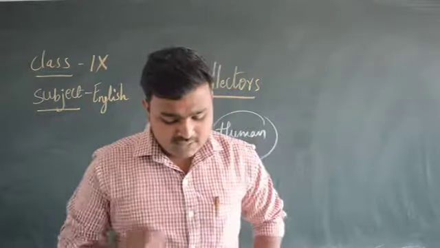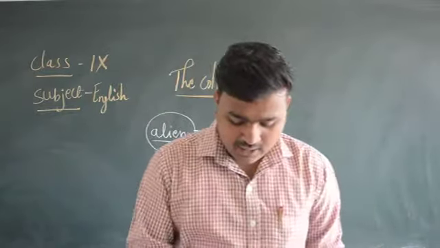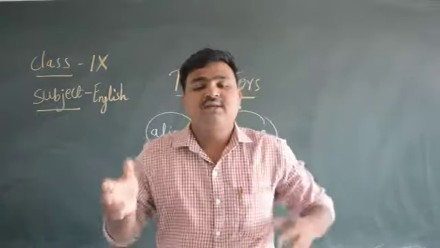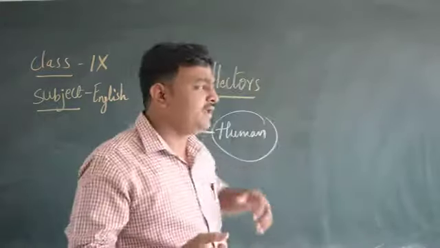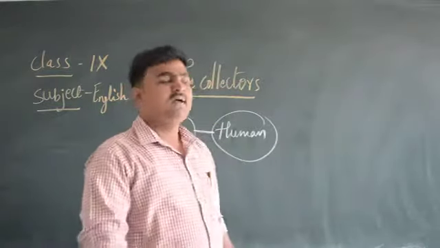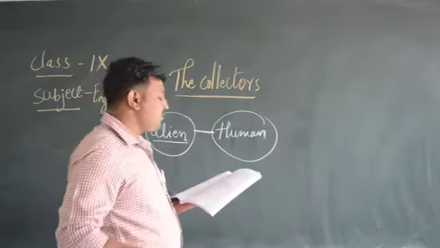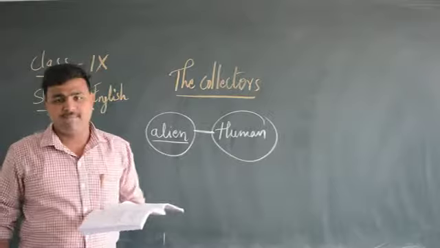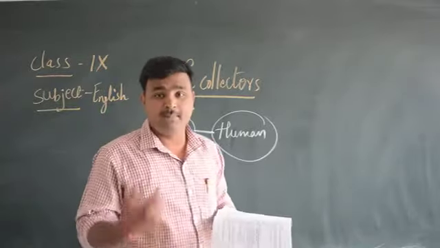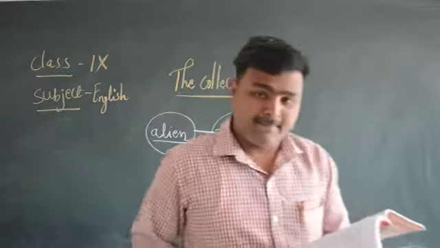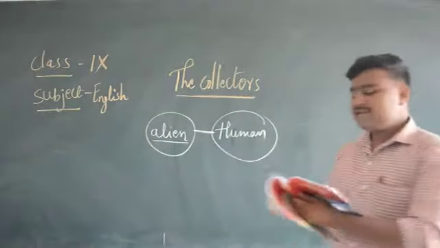Now read the play and find out how aliens try to abduct. Abduct means to take somebody or something away illegally, taking somebody away from the actual place without permission. Some humans, and what happened to them?